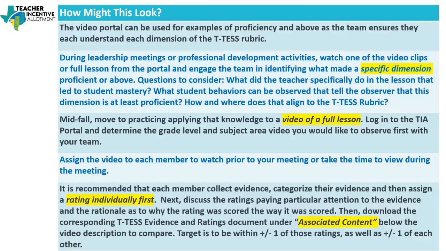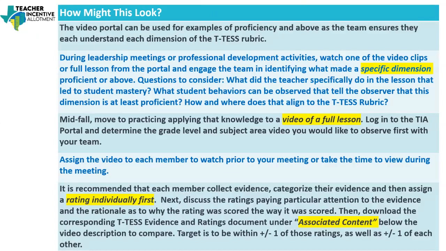So how might this look? The video portal can be used for examples of proficiency and above as the team ensures they each understand the dimensions of the T-TEST rubric. During leadership meetings or professional development activities, teams may watch one of the video clips or a full lesson from the portal and engage the team in identifying what made a specific dimension proficient or above.